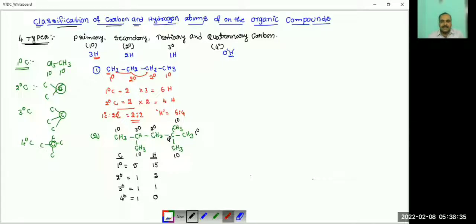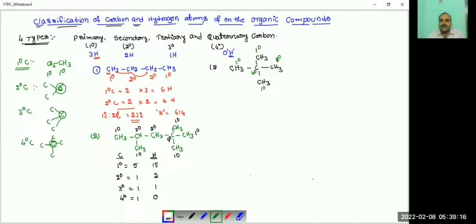Next one. In the third example, CH3, CH3, CH3, and CH3. Primary, secondary, primary, primary, and this is primary, primary, and this one is a quaternary.